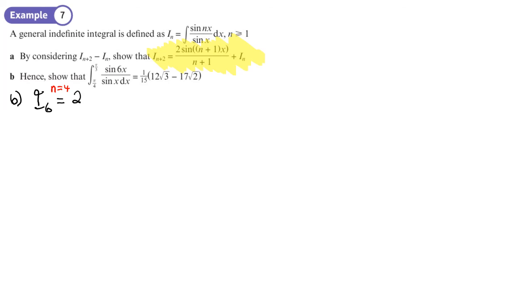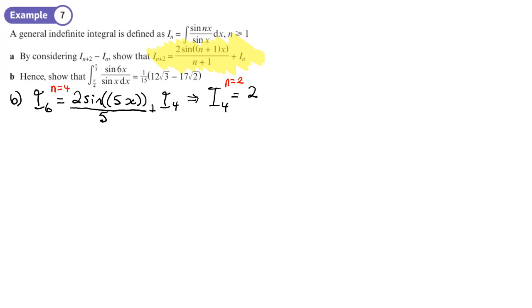So that'll be 2 sine, and then it will be 4 plus 1, 5x over 5, plus I4. So now we want to work out what I sub 4 is. Well, we'll get I sub 4 when n is 2. So we want to substitute 2 in.